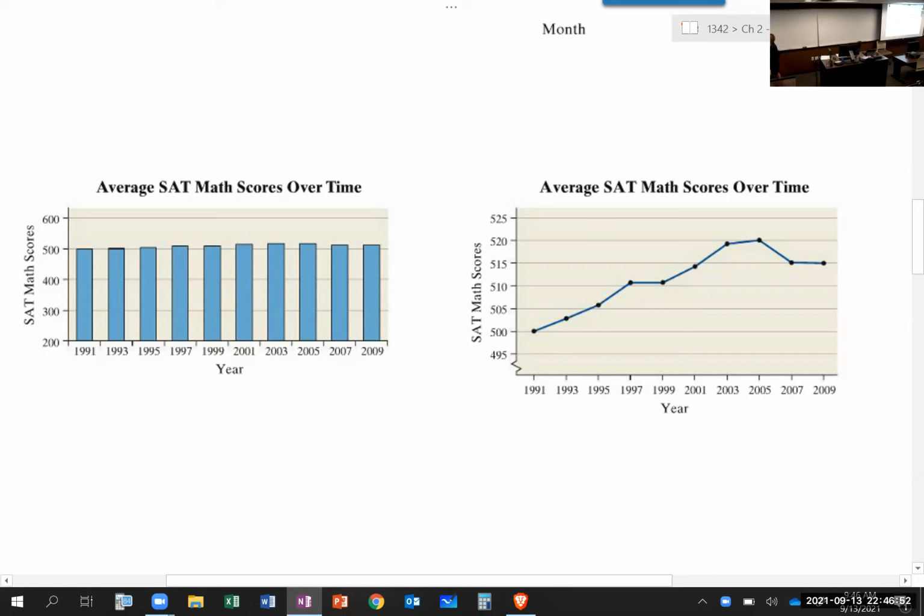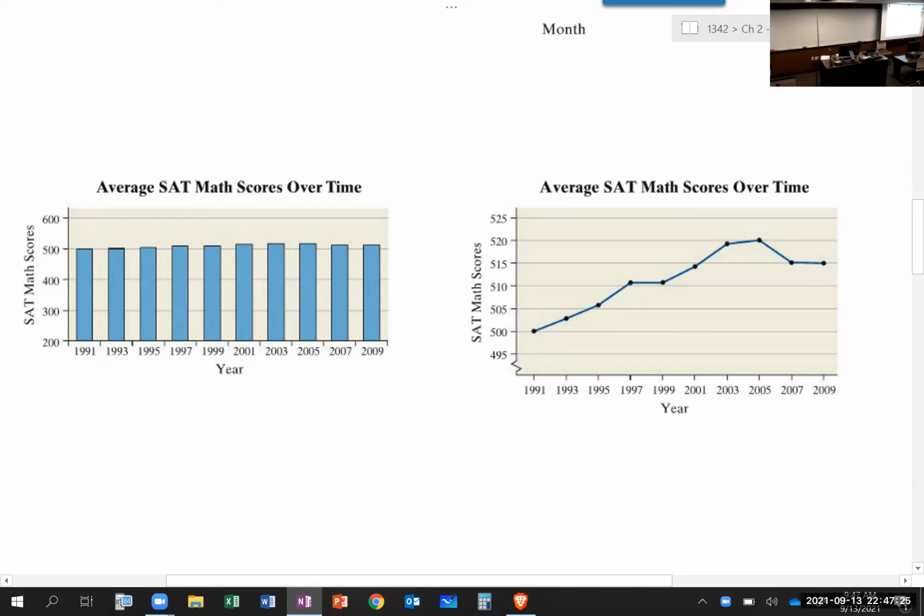Now, in this one, there's nothing wrong with either of these two graphical representations. It's just one may be more appropriate than the other, depending on what you're looking at. Typically, we would say that if we're looking for a trend, we typically see this time plot line, or sometimes it's called a trend line, so that I can see what's happening over time, okay? We might look at a bar graph like this if I want to compare, right?